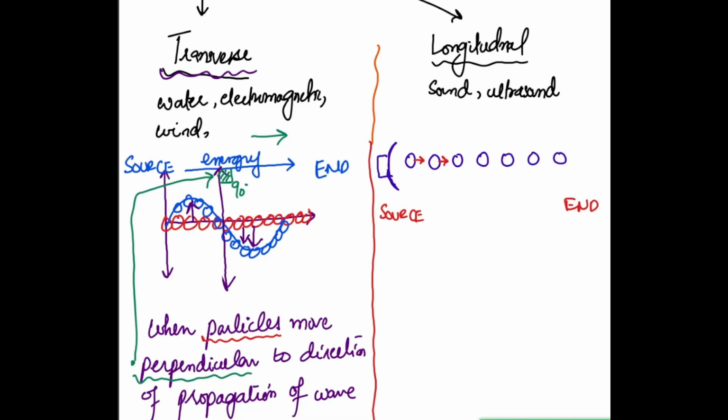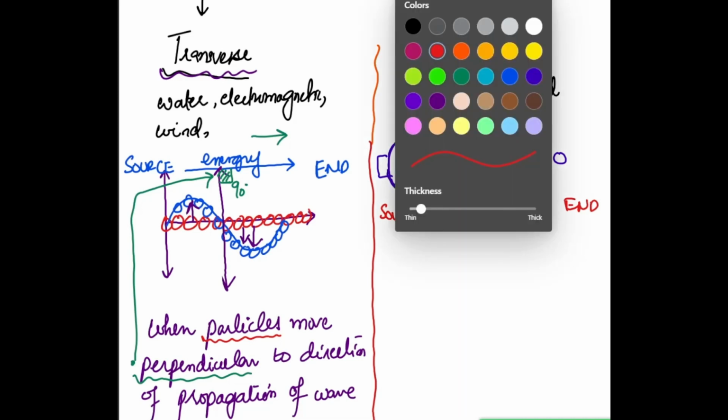But there's one little detail that we're missing right now, that when the particles are displaced from their original position, they would want to come back to their original position after that compression phase has passed away.